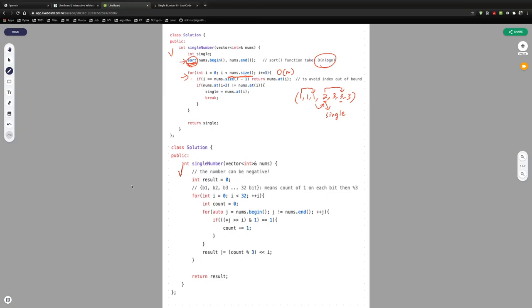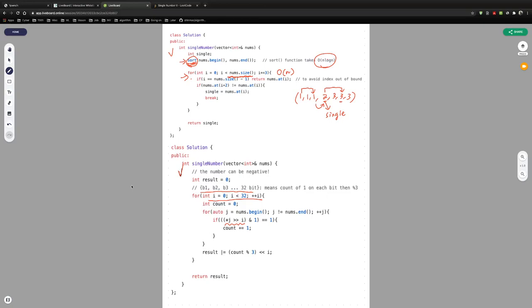So we just need to iterate for 32 bits, and for each bit we will see whether the single number's bit is 0 or 1. So first we will iterate for 32 bits, and then, I will start from this part first.